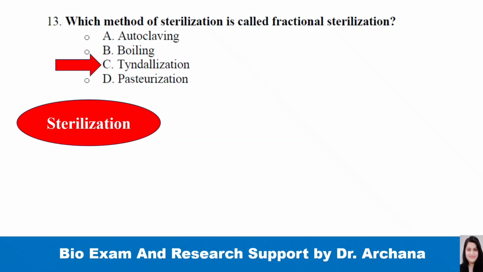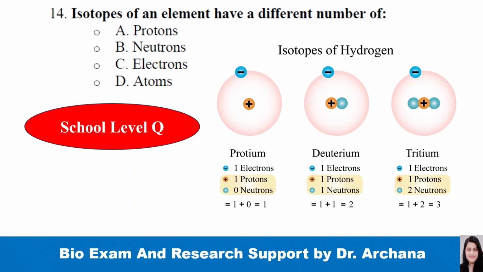So, not much heated, mild heating is done. So the option will be tyndallization. In tyndallization, heating is done again and again for 2-3 days to kill bacteria and then their spores after they grow. So the answer will be tyndallization, option number C.